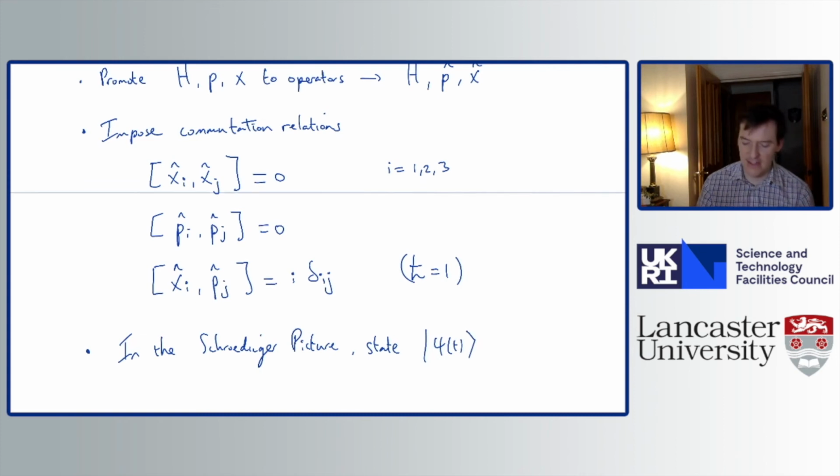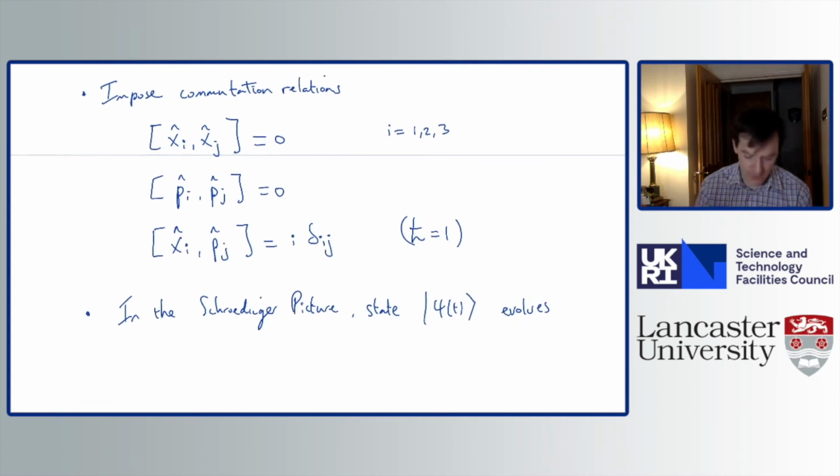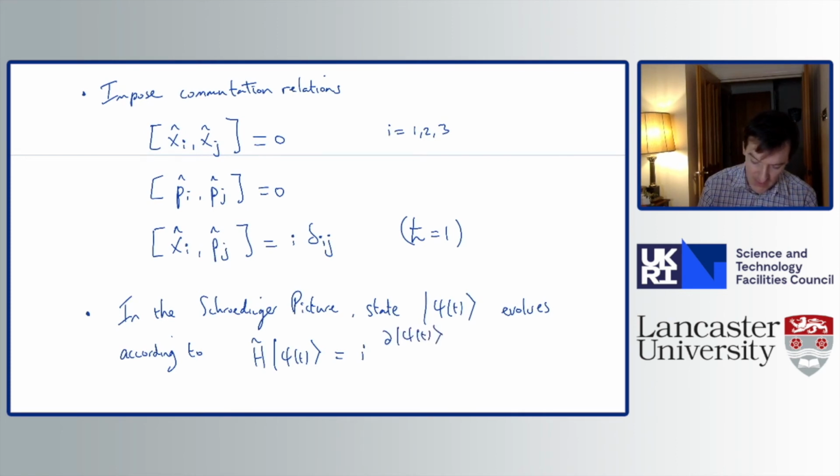We have a ket psi, a function of time, and the time dependence of this ket evolves according to the following equation. The Hamiltonian operator acting on this state is equal to i, and we're using units where h bar is 1, so it's simply i times the partial derivative of the state with respect to time.